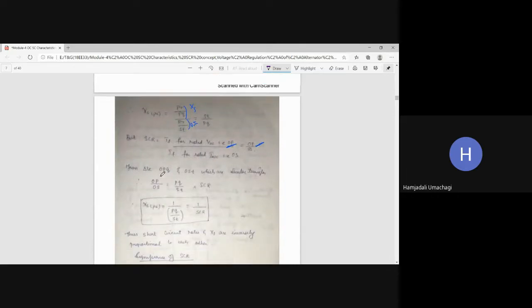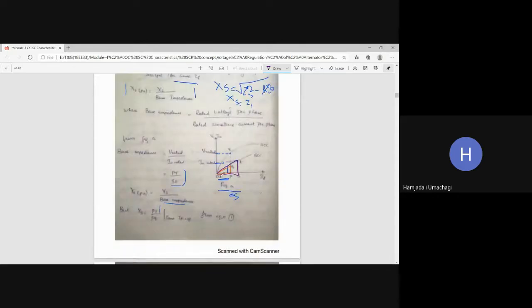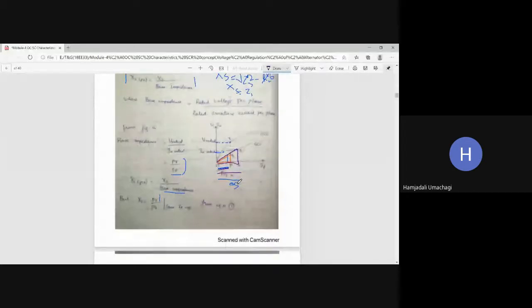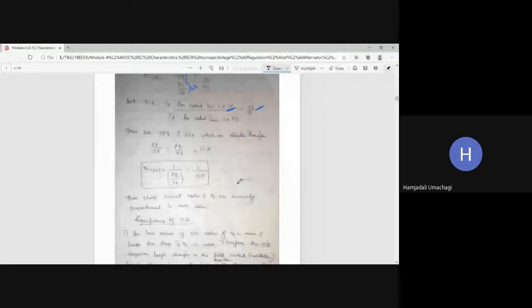OP by OS means x-axis, that is field current. OP divided by OS is field current required for rated voltage in OCC divided by field current required for rated armature current in SCC. OP divided by OS is equal to what?